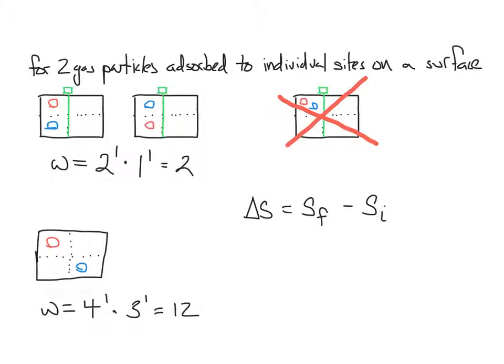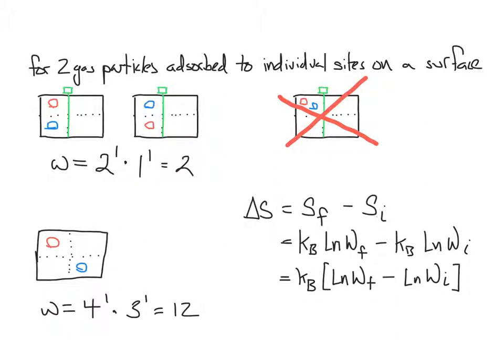We can also plug in our quantitative definition of entropy, where it is Boltzmann's constant times the natural log of W. That would simply be Boltzmann's constant times the natural log W final minus natural log W initial. If you remember from your log identities, subtracting 2 logs is division within the log. And so you could simplify the delta S formula this way.